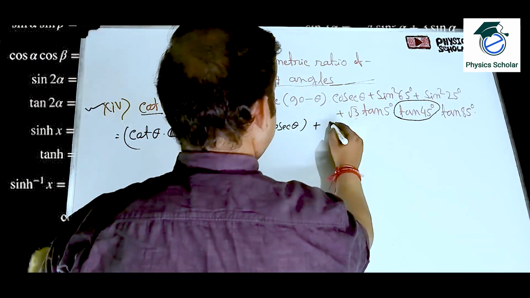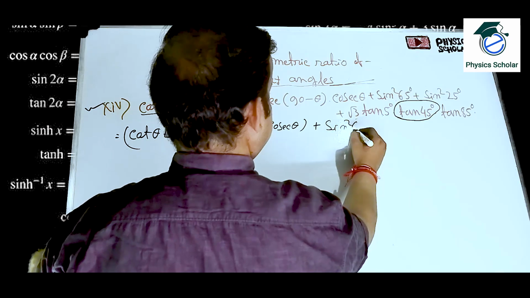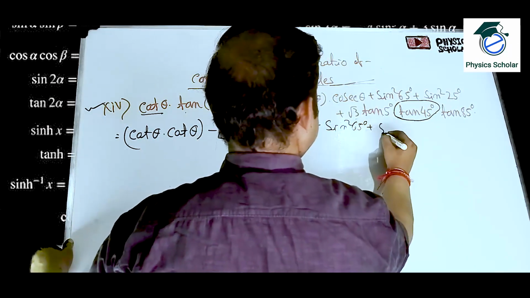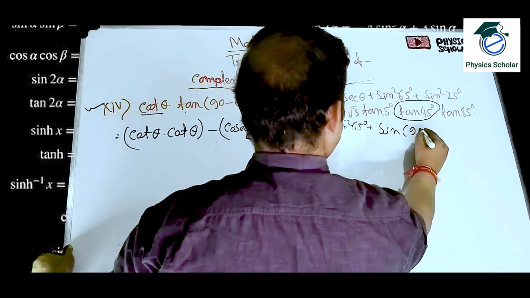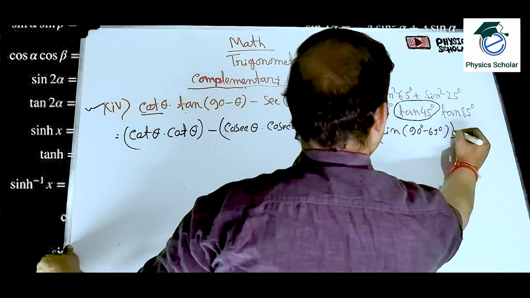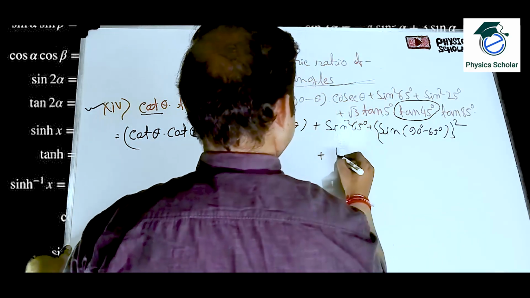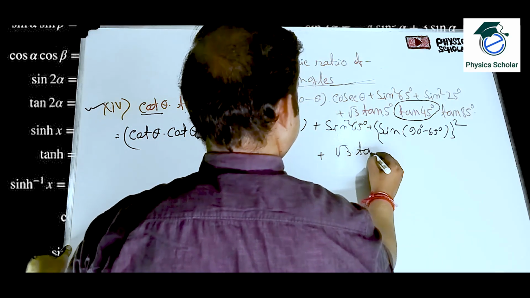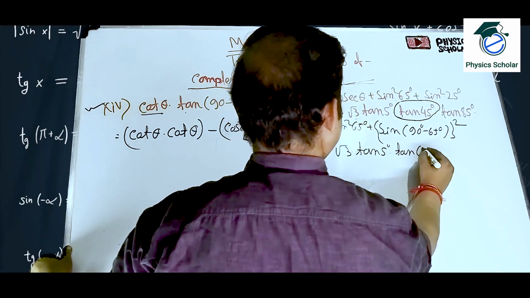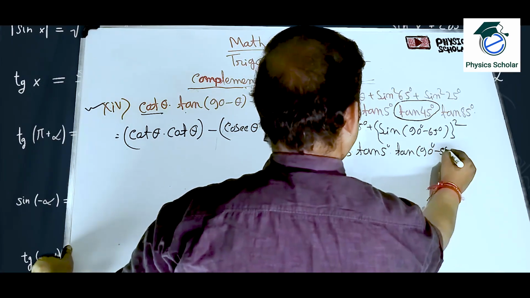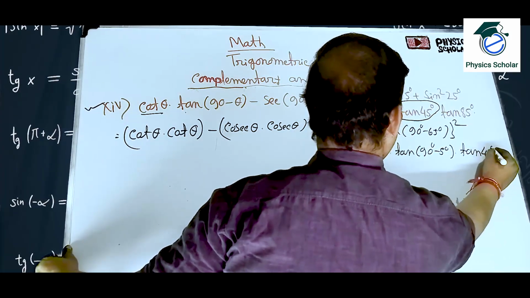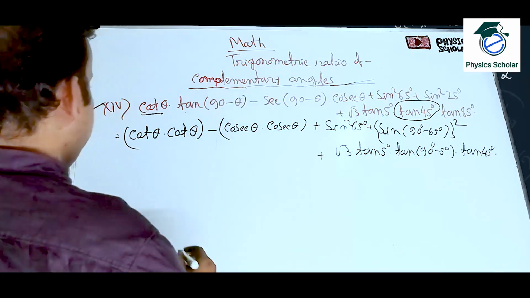plus sin square 65 and 25 complementary, plus sin 90 degree minus 65 degree means 25, that whole square, plus root 3 into tan 5 degree into tan 85 means tan 90 degree minus 5 degree into tan 45 degree. Now what we can write?